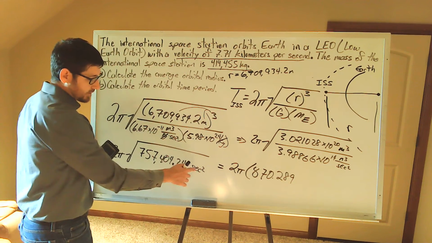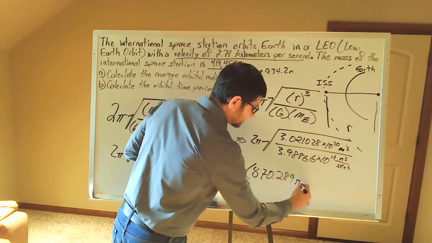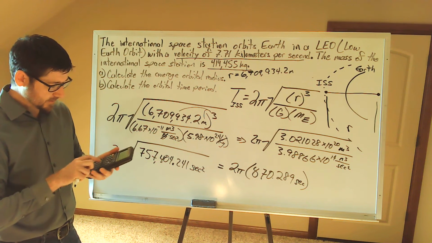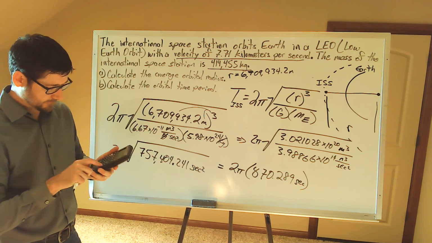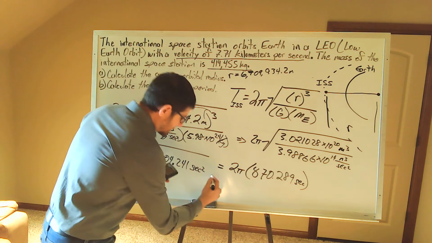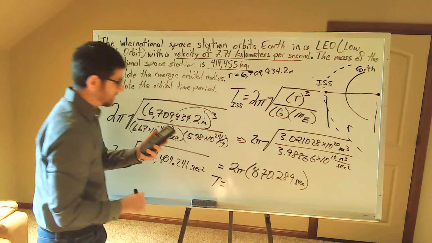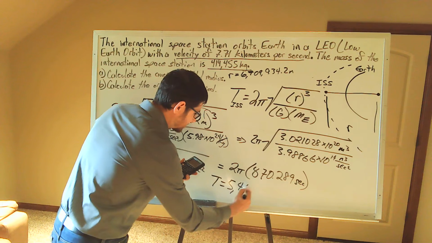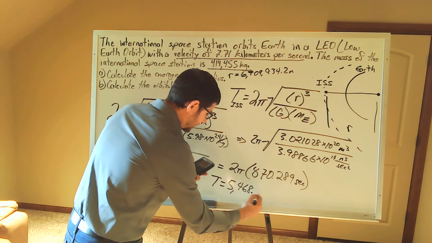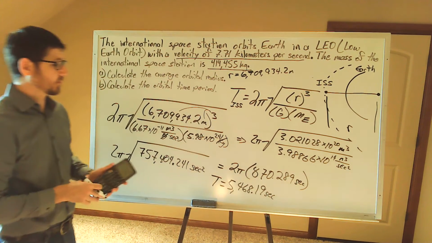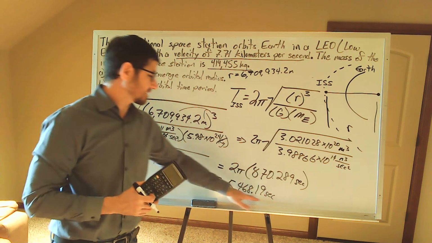And the square root of seconds squared is units of seconds. And we're going to multiply this by 2 pi. And that gives me an orbital time period for the International Space Station of 5,468.19 seconds. Okay? Now, that's a lot of seconds.